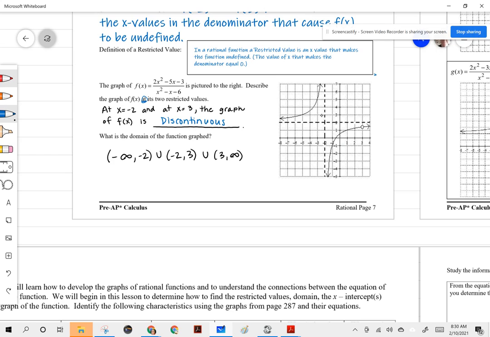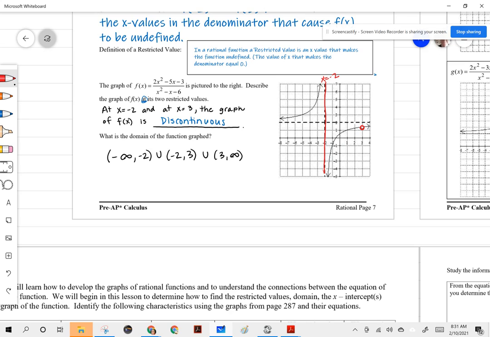And so those portions, if you look, x is equal to negative 2, that's a vertical asymptote. And then if you also notice that at x is equal to 3, we can see that that's a hole. But at both of those spots, that's where the function is discontinuous.